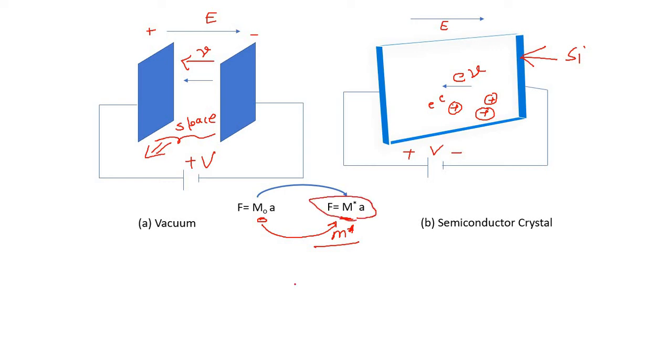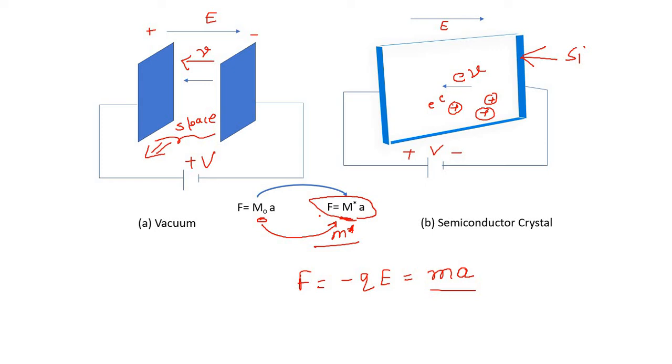If you are applying some electric field, F is equal to minus q E, and from Newton's second law, F is equal to ma as well. So you can calculate all the forces on the electron using this equation. You can apply all the laws that you apply to a classical particle, but you need to replace the rest mass with the effective mass.